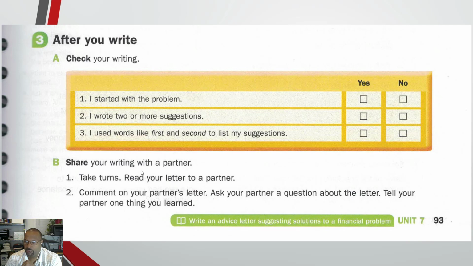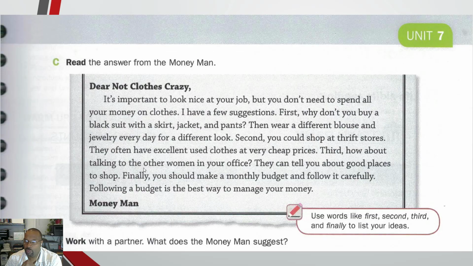Okay, so when we look at what the money man wrote to answer the Not Clothes Crazy lady, he gave some suggestions. He says, I have a few suggestions. First, why don't you buy a black suit with a skirt, jacket, and pants?